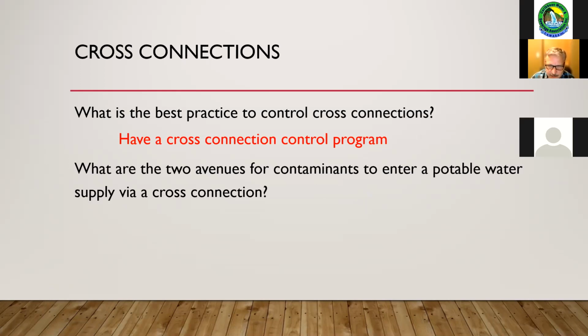But it has to get back in there. You betcha. Low pressures, back pressure, siphonage. That's exactly right. You either have to have a higher pressure on the non-potable supply that's connected, or siphonage with lower pressure on the potable water.